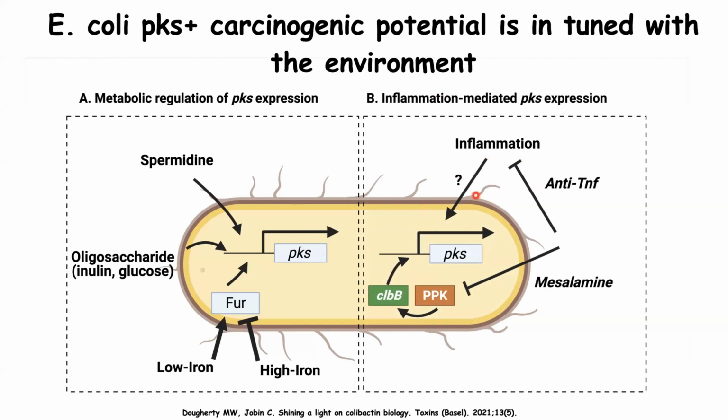But mesalamine, which is a non-steroidal anti-inflammatory drug, blocks polyphosphate kinase, which is very important for induction of clb, the genes in the PKS island, and increases gene expression. So there is a relationship with the environment, either inflammation or metabolic, that impacts the activity of bacteria and consequently neoplastic changes.